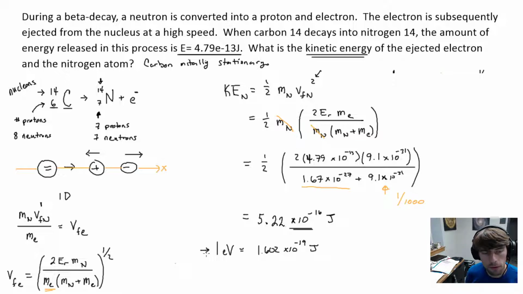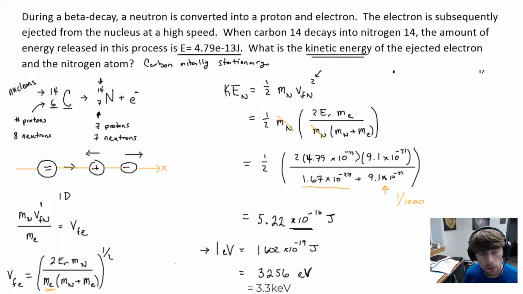So if you're more familiar with this unit, this 5.022 in electron volts, I get something like 3,256 eV. So about 3.2 keV.